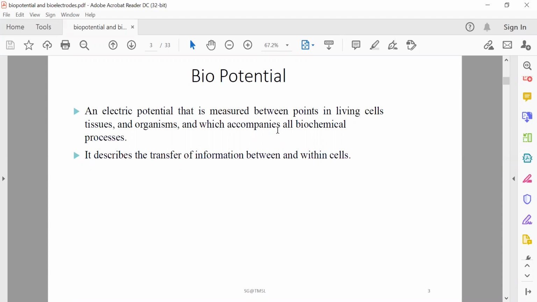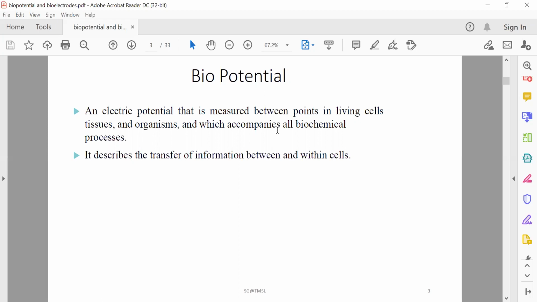These signals are called ionic voltages, and basically these are bioelectric potentials. Bioelectric potentials are generated due to nerve conduction, brain activity, heartbeat, muscle activity, etc.